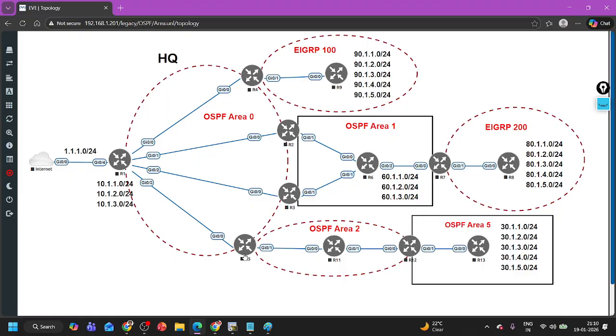So here is area 0, and router 5 is connected with area 0. I can extend this area 0 till router number 12. Between router 5 and router 6, I can create a virtual link and put that virtual link in area 0, so that router 12 will be connected with area 0 virtually. So in that case, this router is connected with the backbone area through a virtual link.